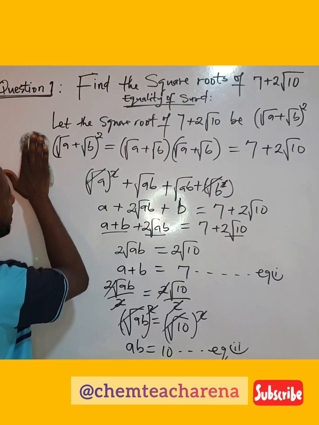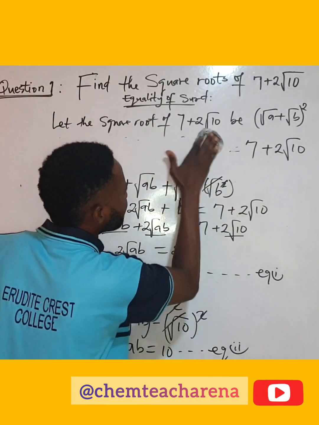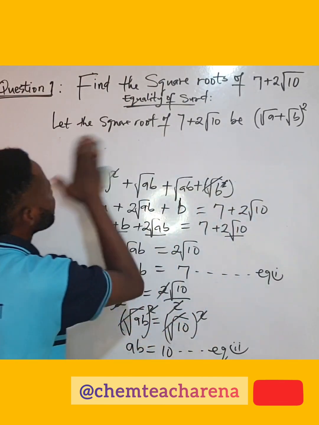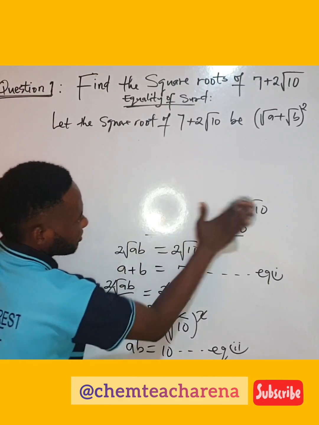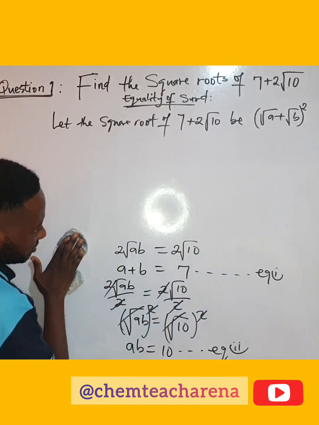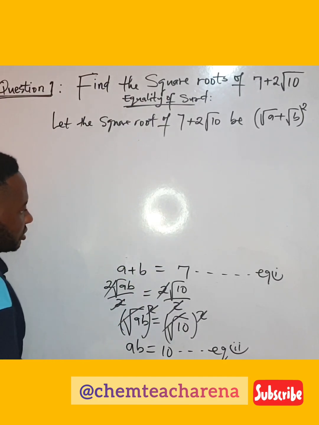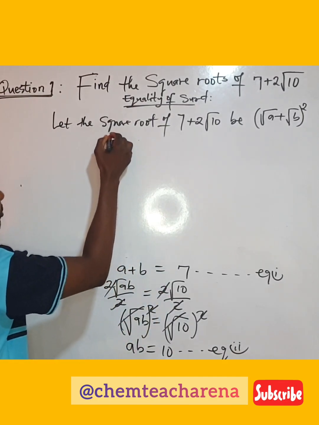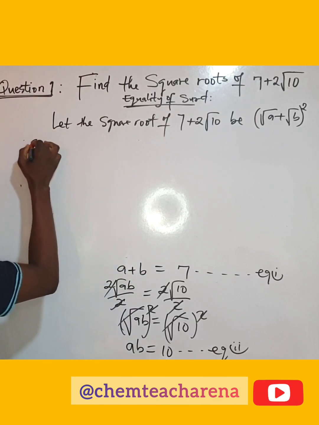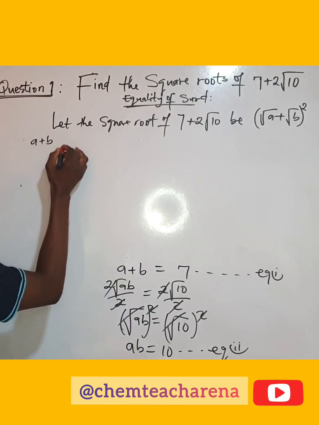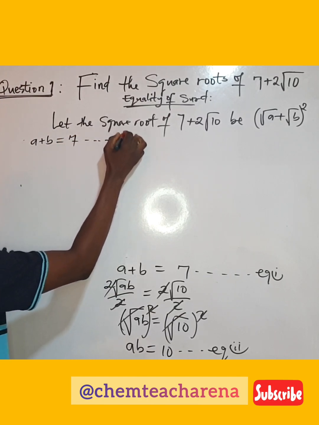Let me get some space. So our equation one, we have a plus b equals 7, which is equation 1.